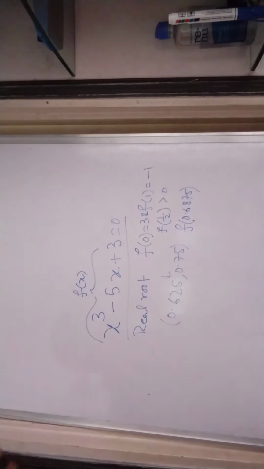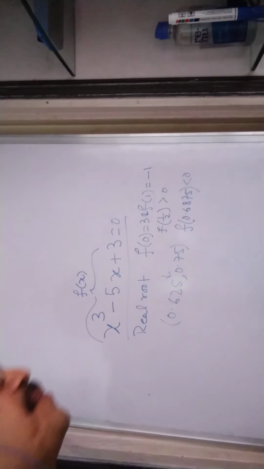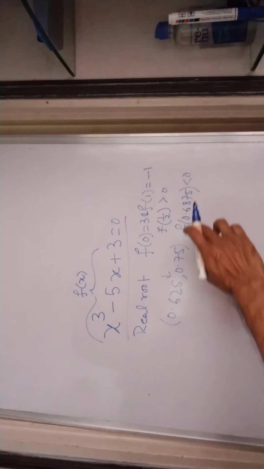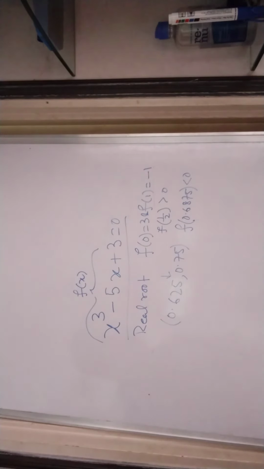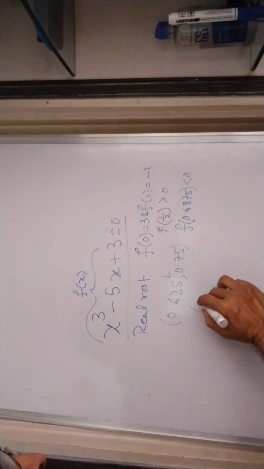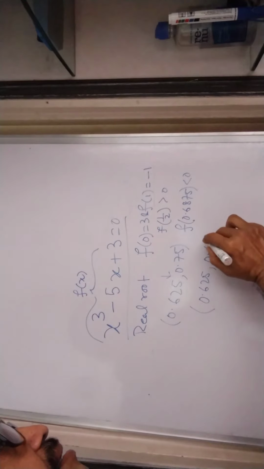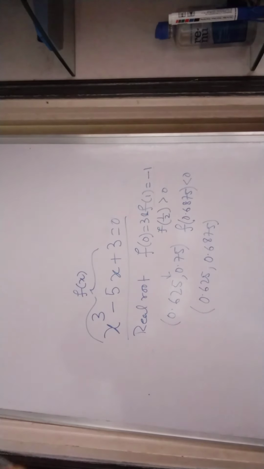And f of 0.6875 turns out to be negative. Since it is negative, our interval of concern becomes this. Isn't it so? Because here it is positive and here it is negative.